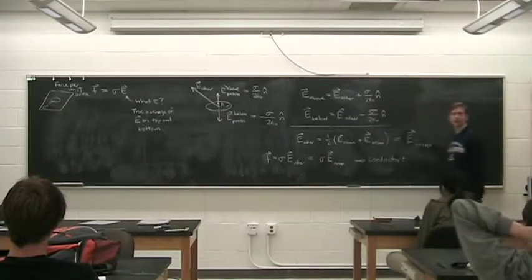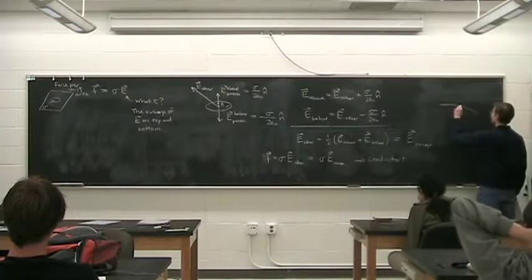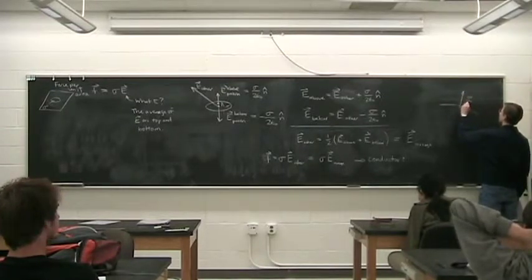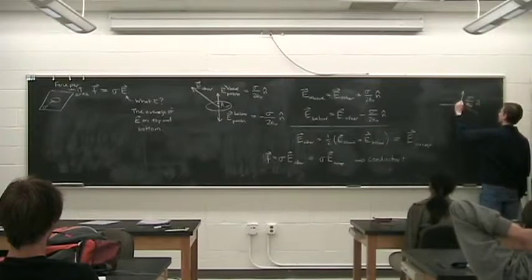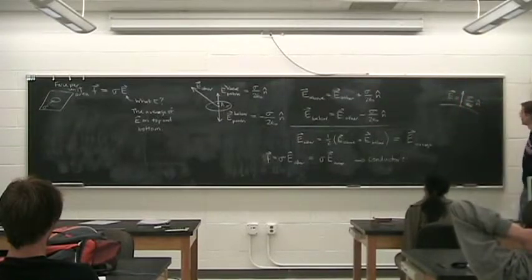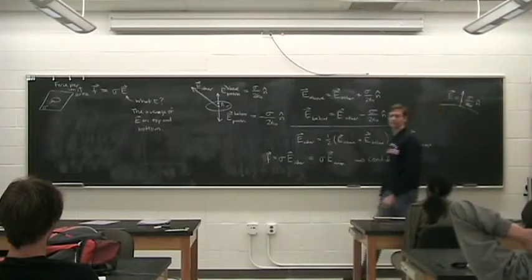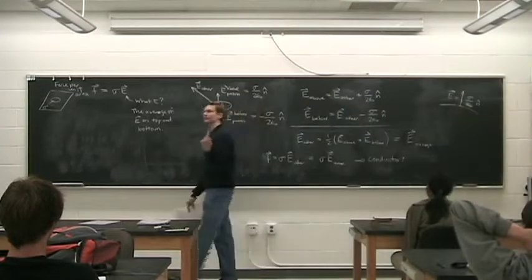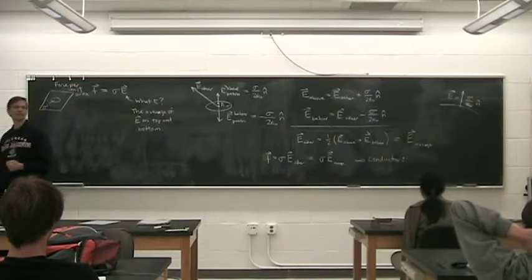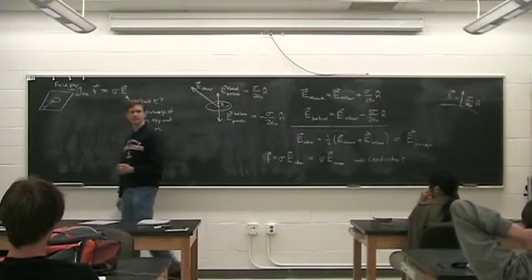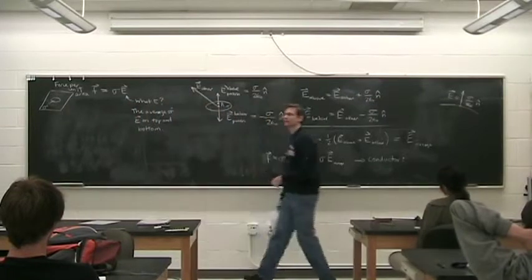If we look at a conductor, remember that for a conductor, the electric field is normal to the surface and the magnitude is sigma over epsilon naught n hat. So if the charge is positive, the electric field points out of the surface, because n hat points out of the surface. If the charge density is negative, it points into the surface.